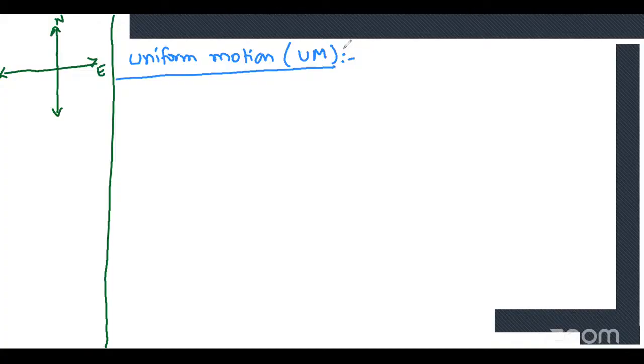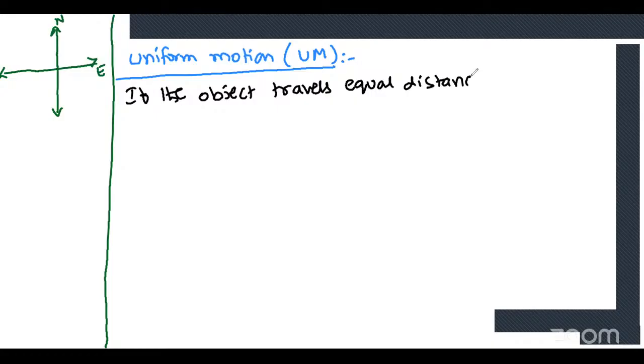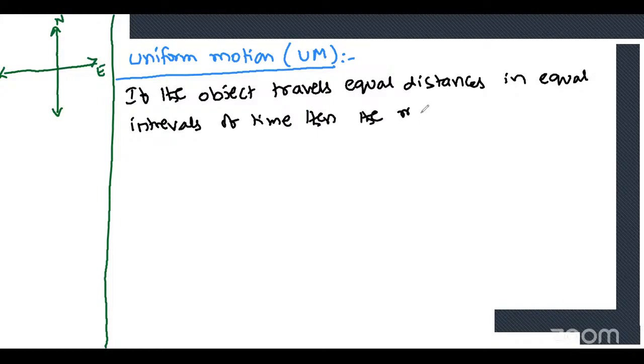Uniform motion means if the particle or object travels equal distances in equal intervals of time, then the motion is said to be uniform. Then the motion can be called uniform motion.